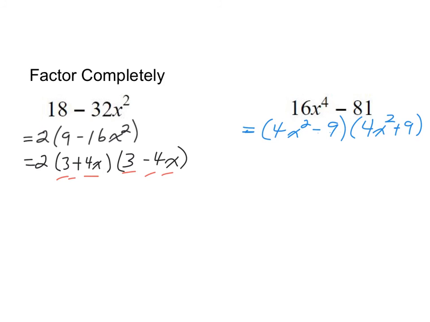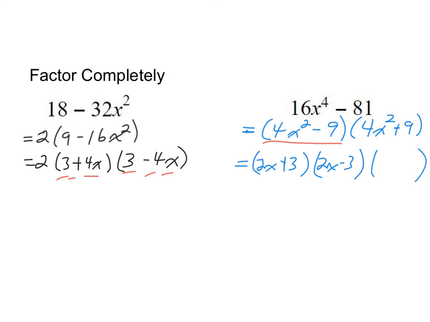There is no common factor in this, but if you look at the first binomial, you will notice that it is also a difference of squares. So what we want to do is break that one into 2 more pieces as well. So this can be 2x plus 3 and 2x minus 3.